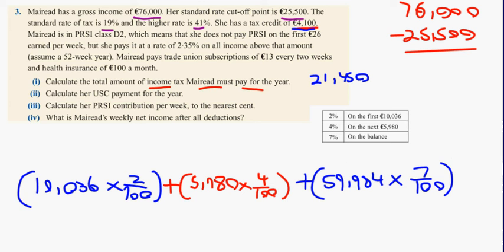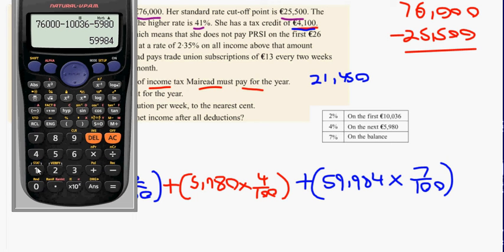So let's put that into the calculator. So 10,036 multiplied by 2%, which is 0.02, plus 5,980 multiplied by 4%, 0.04.